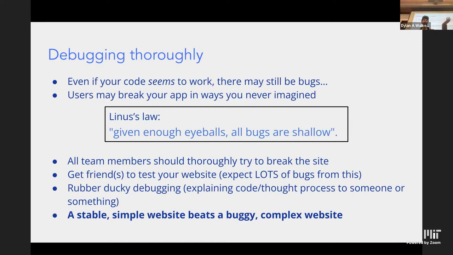Then you literally say the code out loud and what you think it's doing, and you'll probably catch yourself. If there's a bug, it's usually because your code isn't doing what you think it is. That's pretty obvious, but when you say it out loud, you'll probably catch yourself, like, oh, this code does this, but I thought it did this.